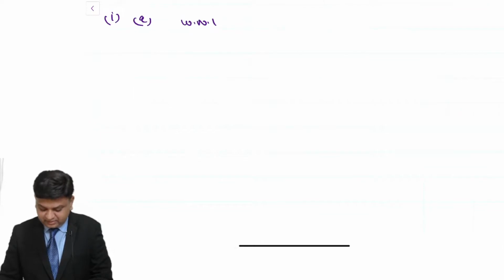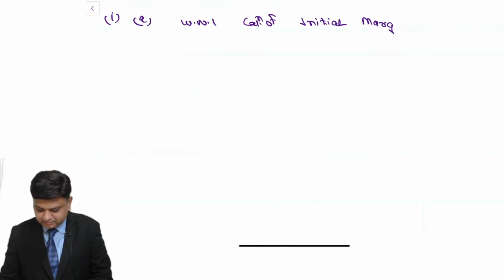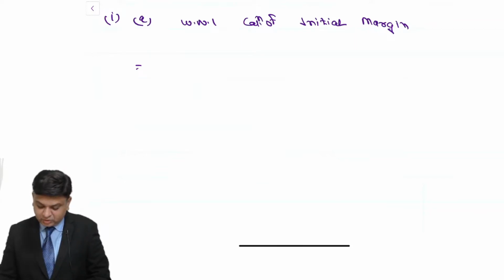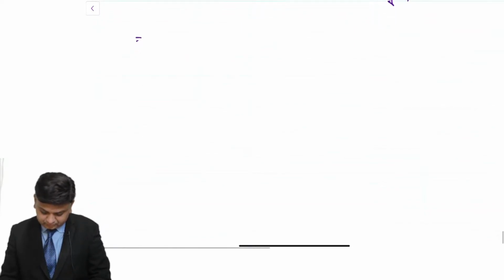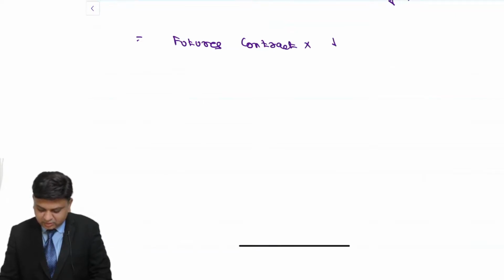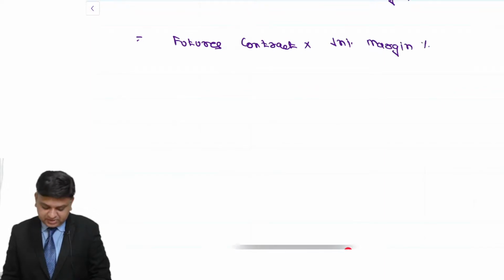Write down working note number 1, calculation of initial margin. So in that, it is futures contract into lot size into initial margin percentage.